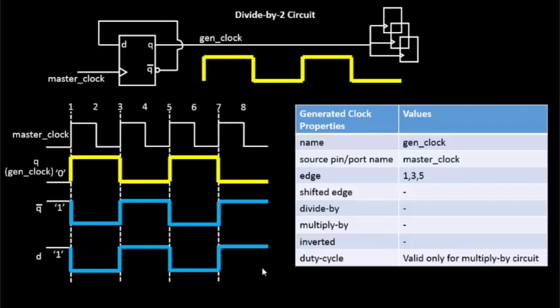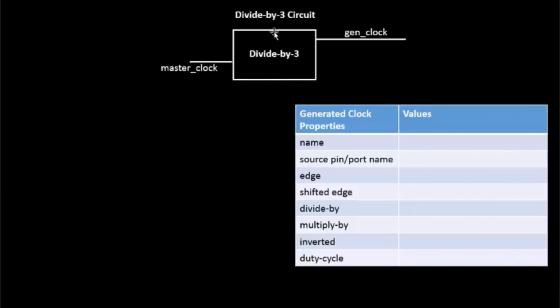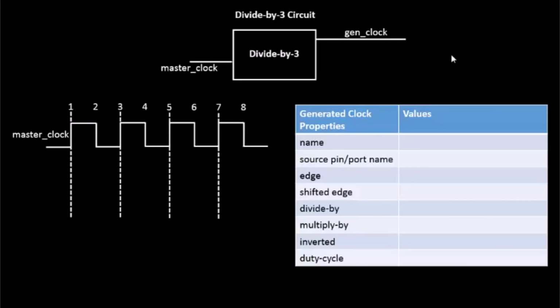So let's look into another example. For example, we have a divide by 3 circuit. We have this black box, which receives the master clock as input, and the output of this black box is a generated clock, which is a divided by 3 clock. Let's say this is the master clock. We'll take the same waveform that we had before.